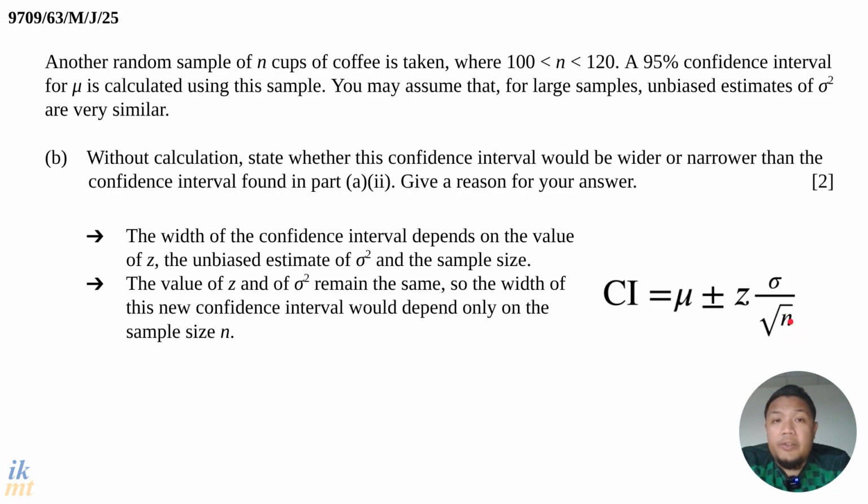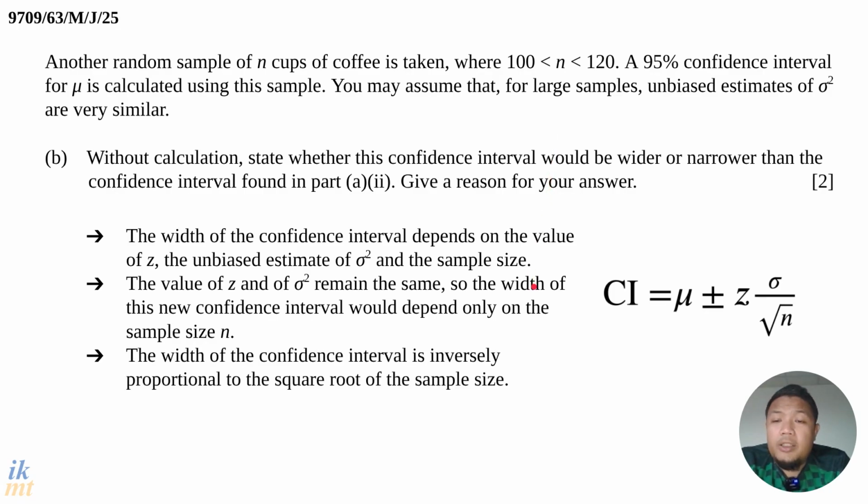So n is different this time, because the original n is 150, and our new n is somewhere between 100 and 120. Since the width of our confidence interval is inversely proportional to the square root of the sample size, and square root is a one-to-one function that is always increasing, with larger n, the square root of n is also larger.